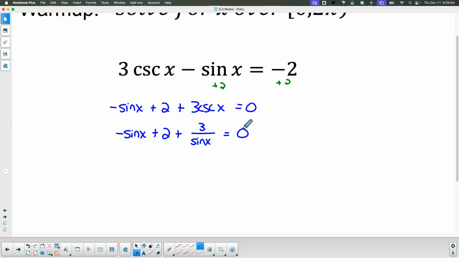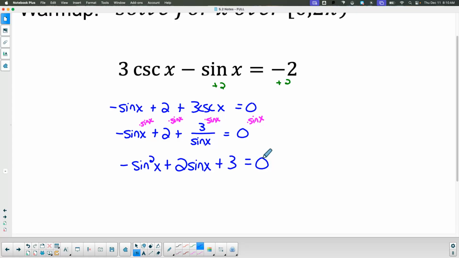Multiply everything by sine. So I'm going to multiply here by sine, here by sine, here by sine, and here by sine. Okay? So then that gets me negative sine squared of x plus 2 sine of x plus 3 equals 0.